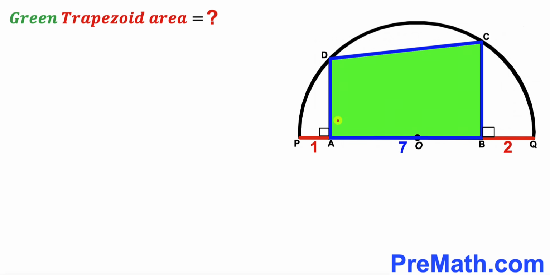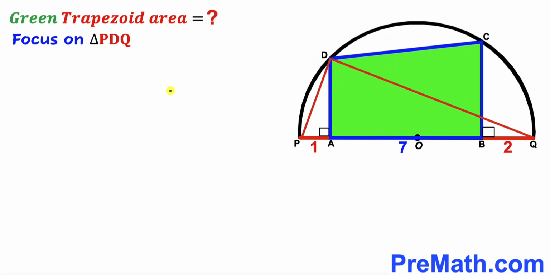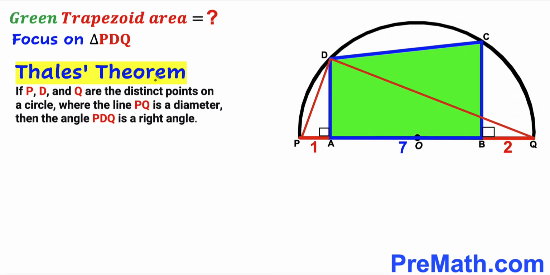In this next step, I am going to connect this point D with these points P and Q, as you can see in this given diagram. We end up with this triangle PDQ. Let's focus on this triangle PDQ and recall the Thales theorem.